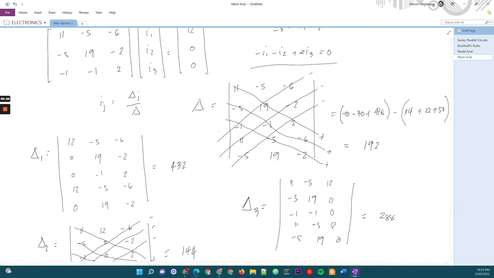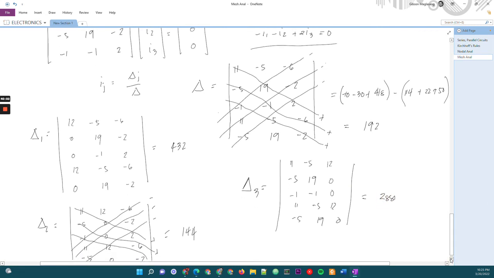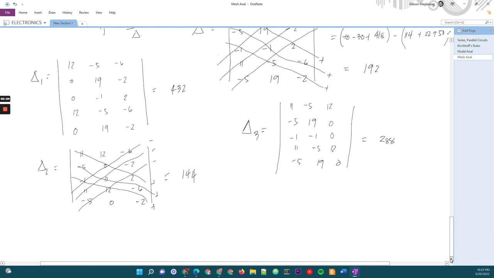Okay, so we've already set up the following. So we'll be able to determine I1, which is just delta 1 over delta. This is 432 divided by 192. So this is 2.25 ampere. For I2, we have delta 2 over delta.